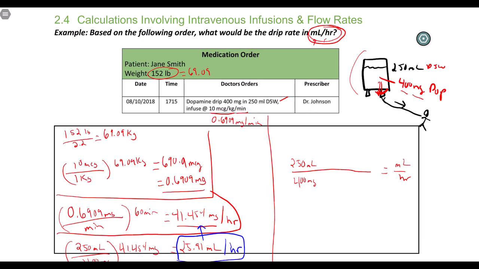I know that I need 0.690 milligrams. And I need that, right here, notice I need this dose every minute. You write that a little clearer, 1 minute, over 1 minute.